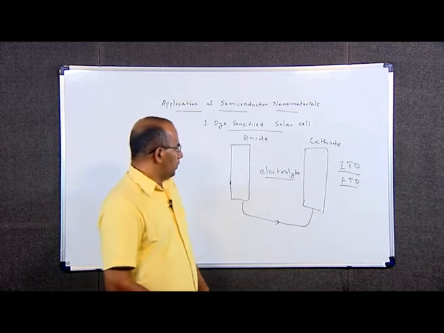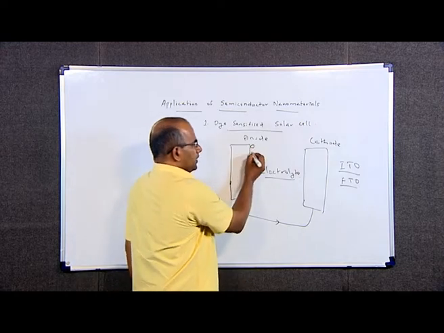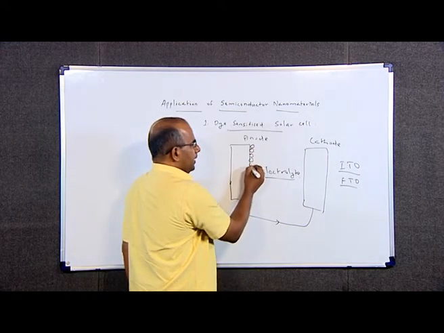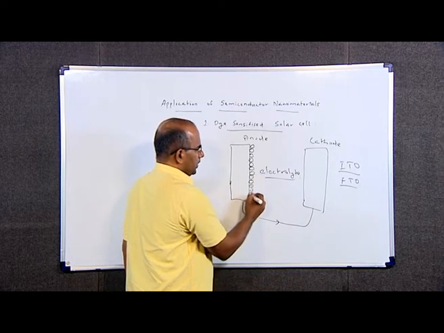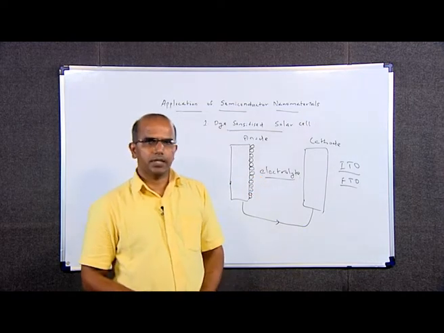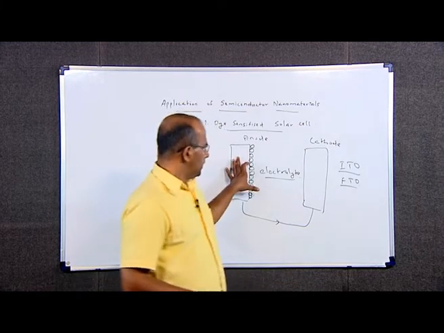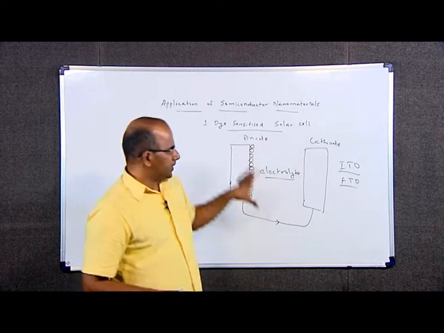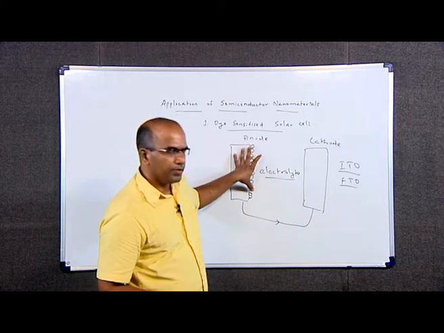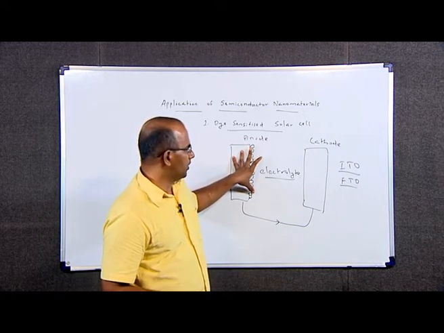Now on this anode you have the semiconducting oxide. We will make a thin film of semiconducting oxide on the surface of this ITO plate. Now the anode contains the ITO plate, then you have the semiconducting oxide.